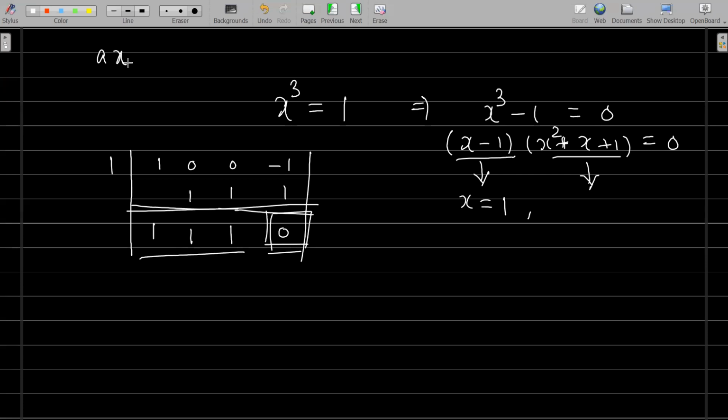Minus b plus or minus root of b square minus 4ac upon 2a. And in this case, luckily, everything is 1, 1, 1. So you can write down the roots. That will give you two other roots. And see that they are not real. They are essentially imaginary, right? Complex.